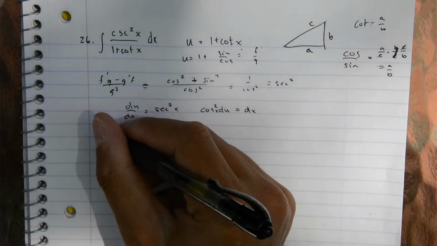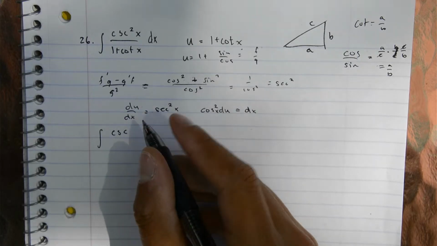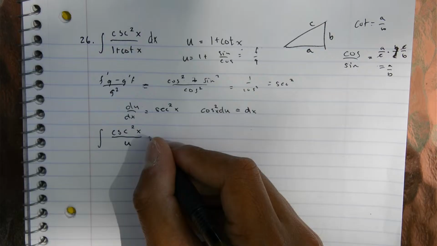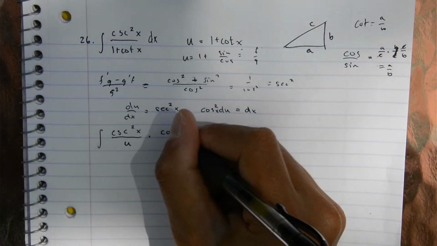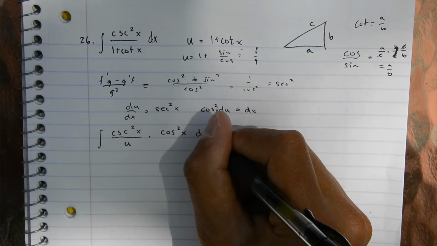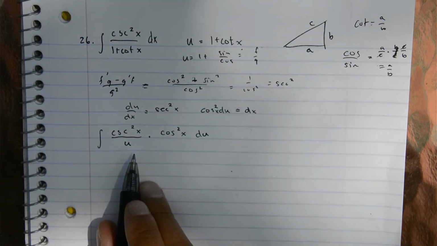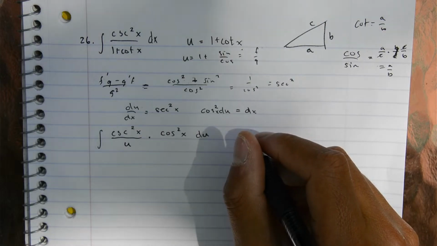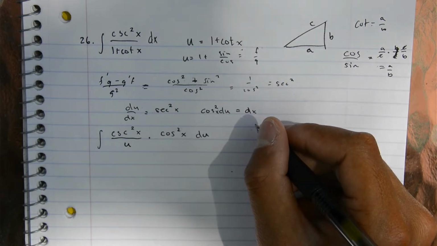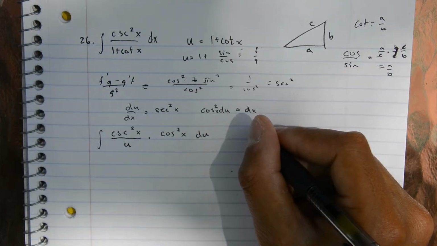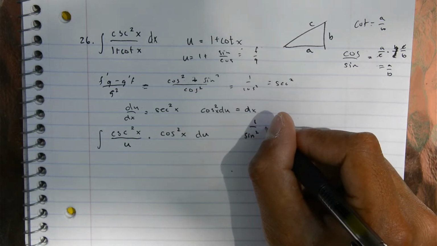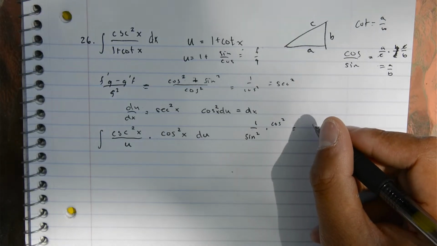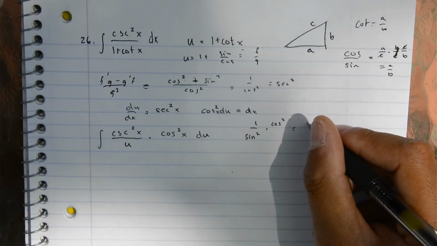So then the idea is that we have this integral, we have cosecant squared x over u times cos squared x du. And then there's got to be something here, right? Because this is going to be like 1 over sine squared times cos squared. And this becomes cot squared.